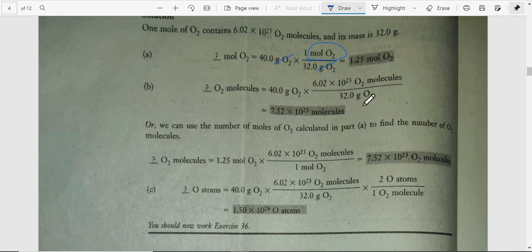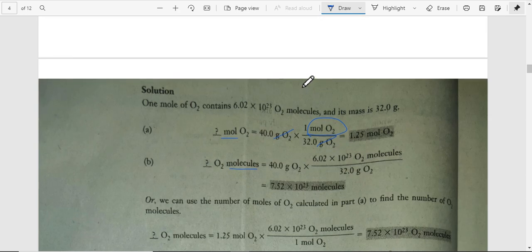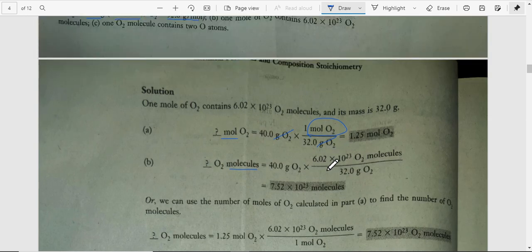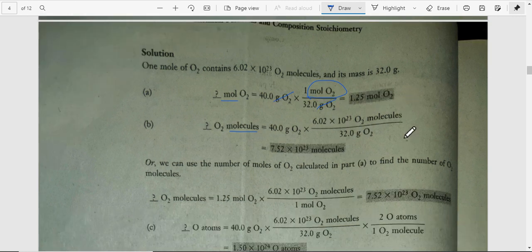Next, for letter B, you are asked for O2 molecules. Look at the difference between O2 molecules and the mole unit. You are given the same 40 grams of your O2 times the Avogadro's number, O2 molecules over the atomic mass unit of your oxygen, which is 32 grams.